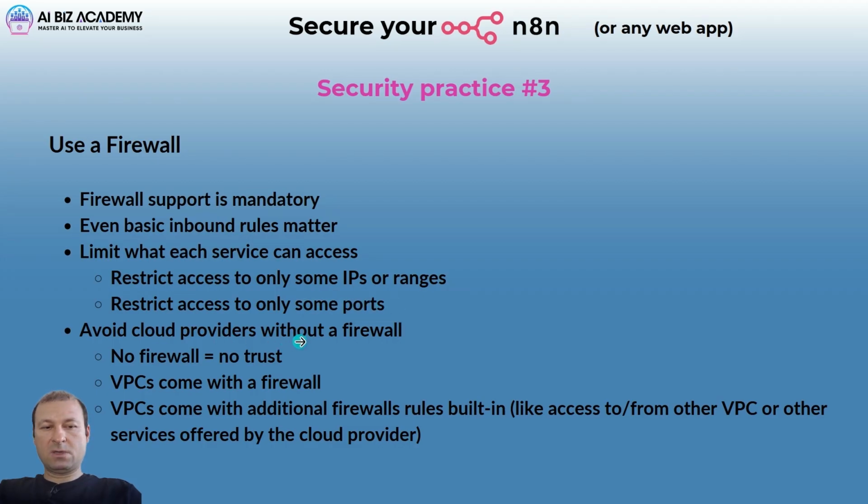Now, if you wonder where you can get a firewall, you can either use the built-in firewall from Unix, and all the cloud providers deploy servers with Unix, or use the firewalls that come as part of the VPC.